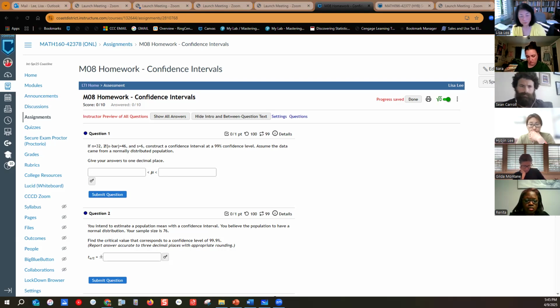Okay, so when you look at your calculator, how can I reach there? You need to go to stat and go to test. Then you select from here the T interval, and T interval on my calculator is option 8. You will see T interval.